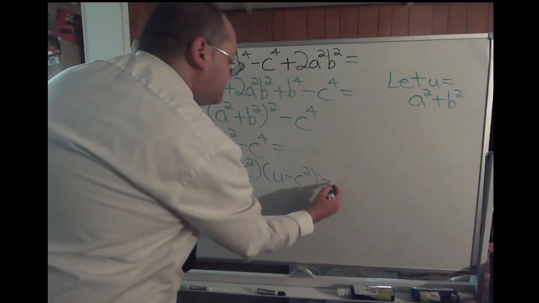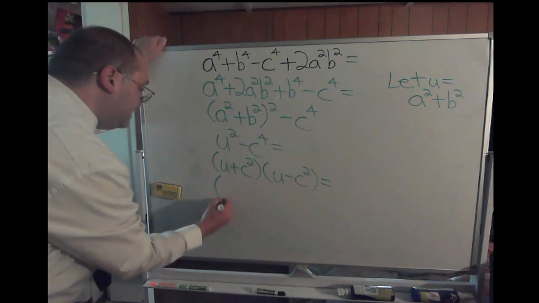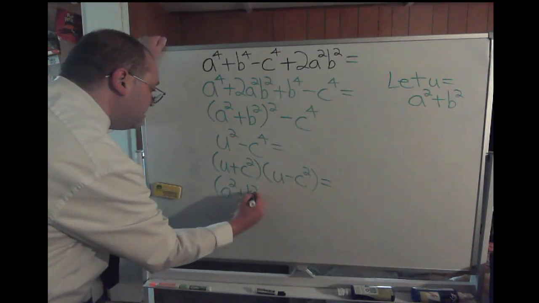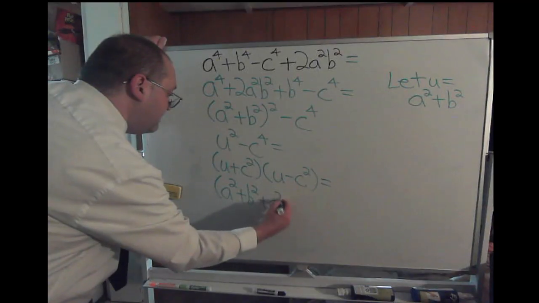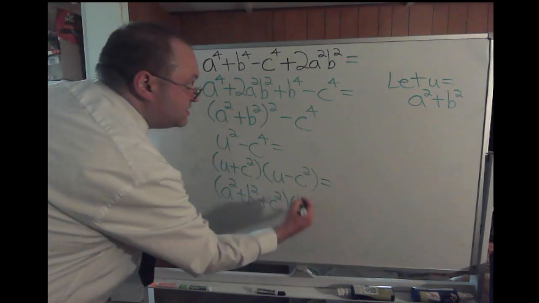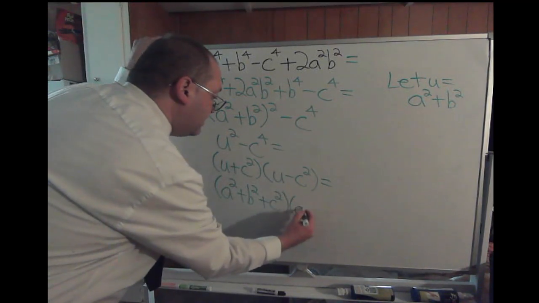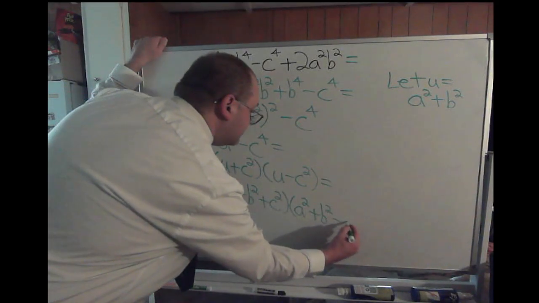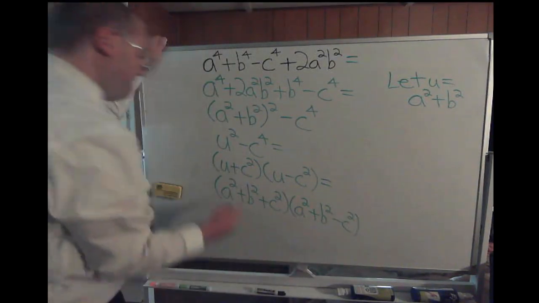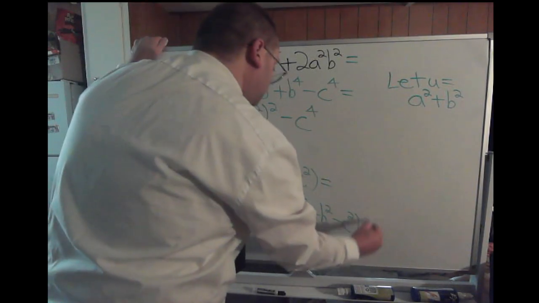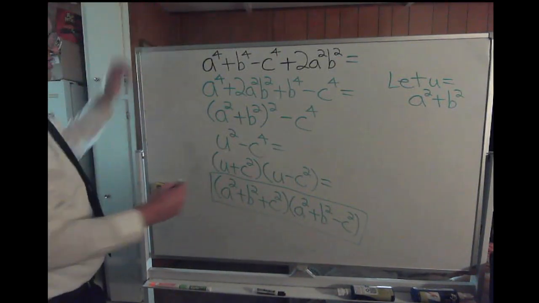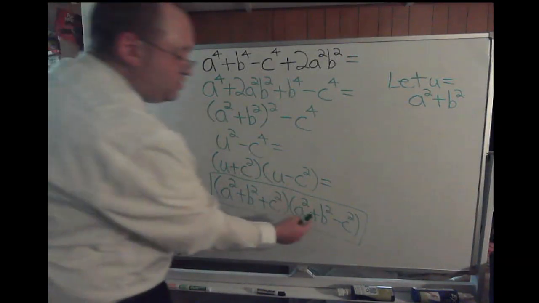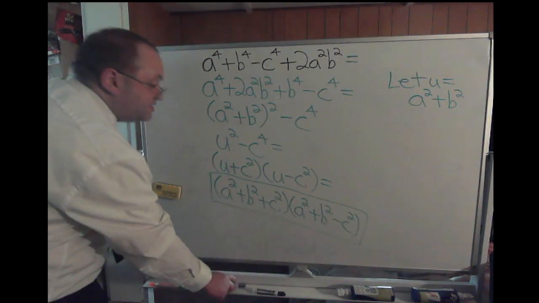Now put the values of u in, you would get the quantity of a squared plus b squared plus c squared, that quantity times a squared plus b squared minus c squared. So yes, you got a squared plus b squared plus c squared, that quantity times a squared plus b squared minus c squared.